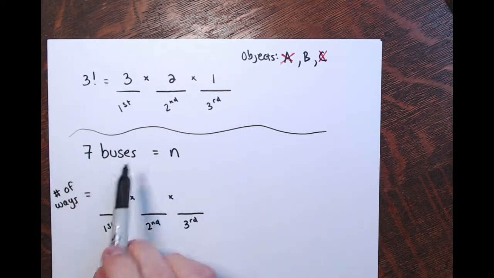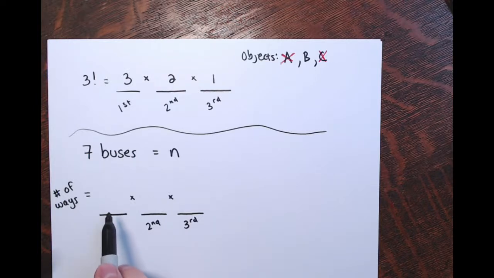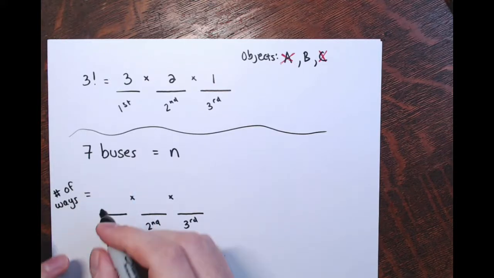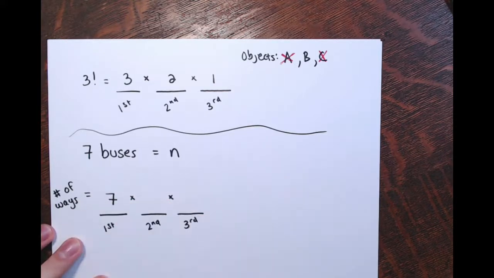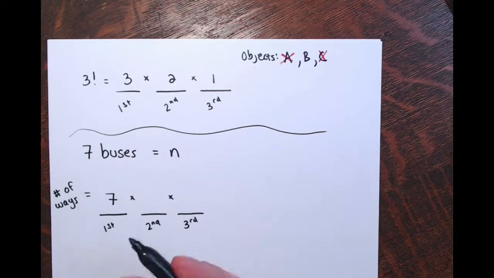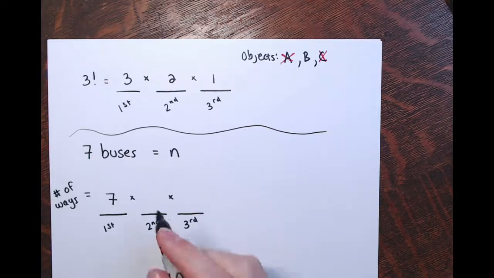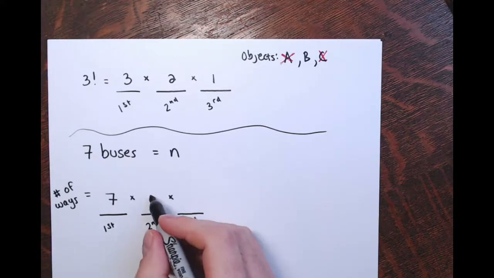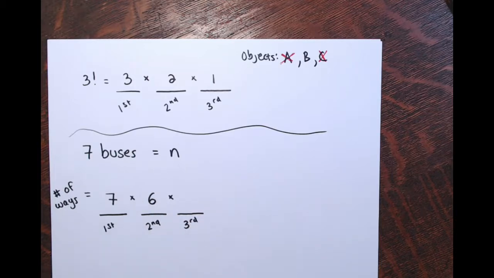If there are 7 buses, how many different ways could a bus come in to the garage first? I have 7 choices of bus, so 7 for the first bus. But once I select the bus that comes in first, that bus can't be chosen anymore. So for the bus that comes in second, there are 6 possibilities.